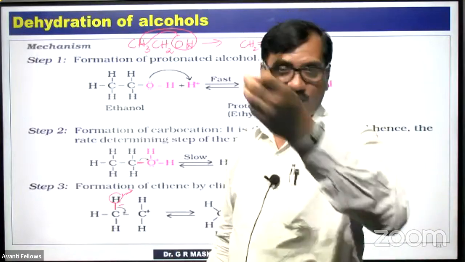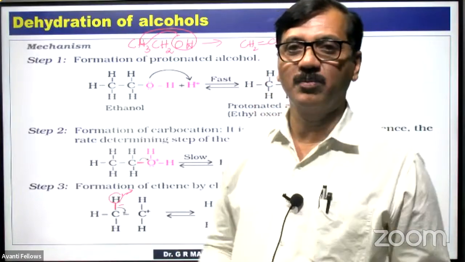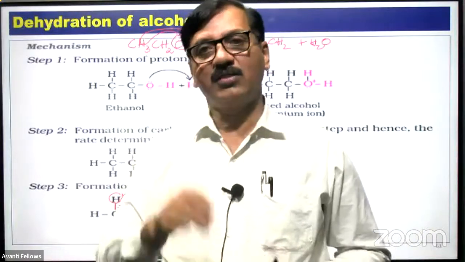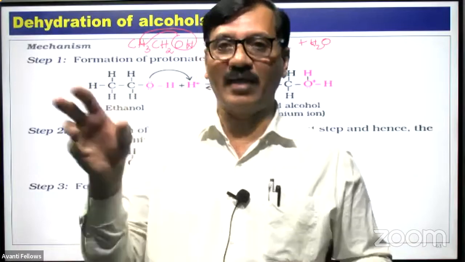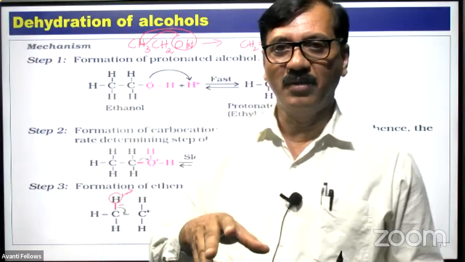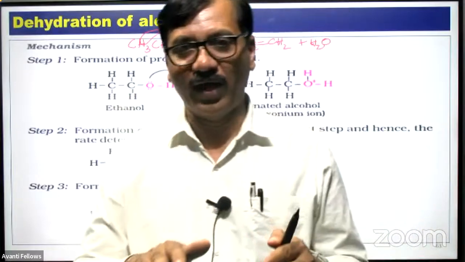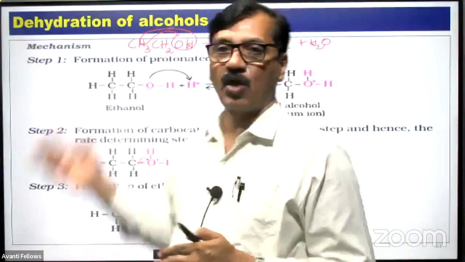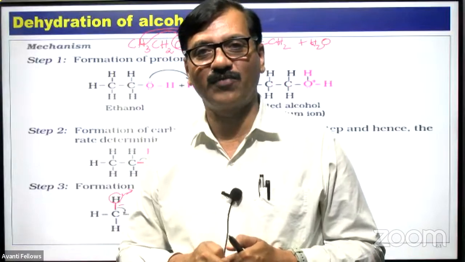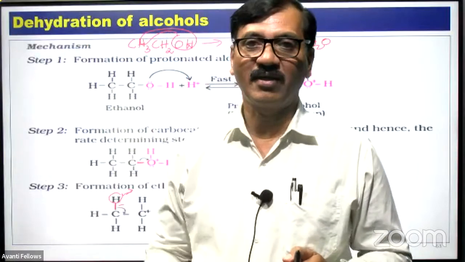And here the mechanism is one question which is asked without much twist. Any question can be twisted, but for the mechanism they have to ask in a very straight way. Write the mechanism of dehydration of alcohol at 443 Kelvin.